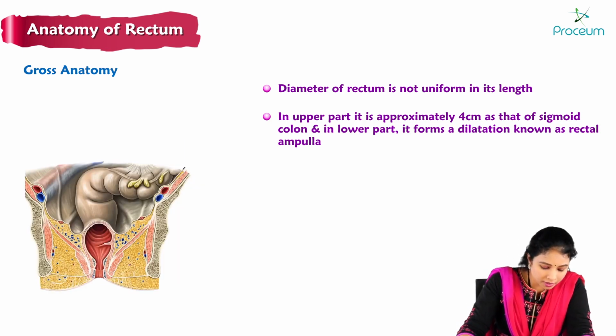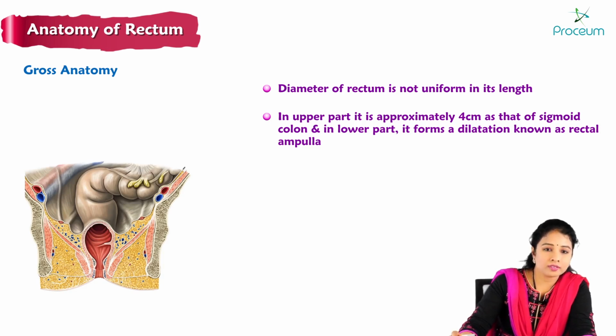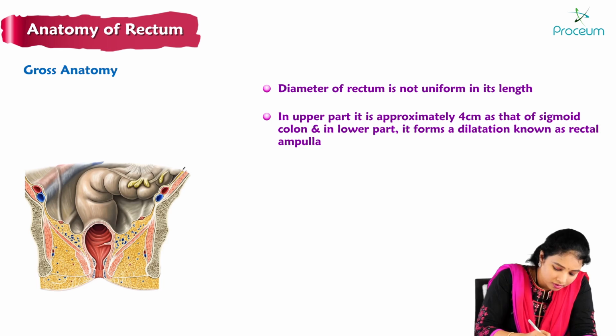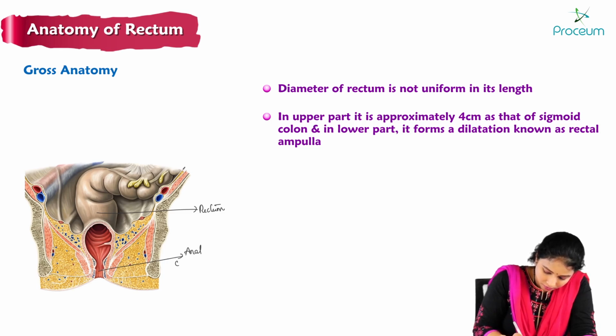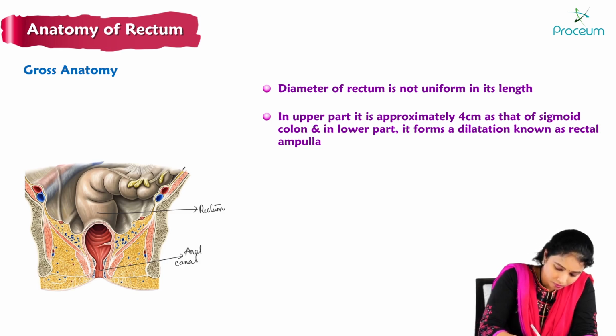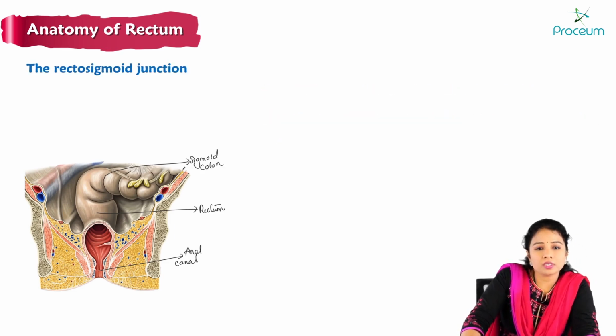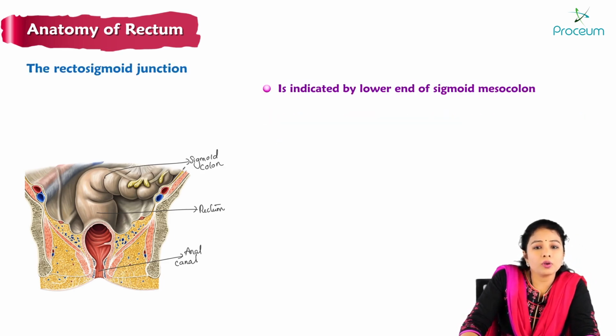Here is the anterior view showing the rectum, anal canal and sigmoid colon. So this is rectum. The recto-sigmoid junction is indicated by the lower end of sigmoid mesocolon.